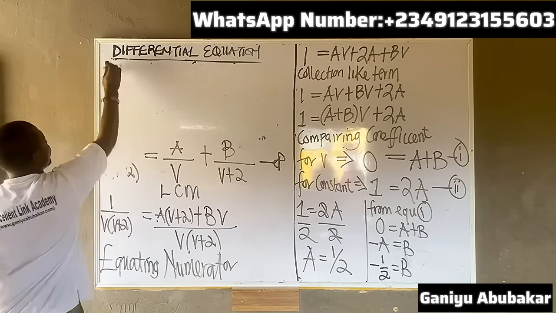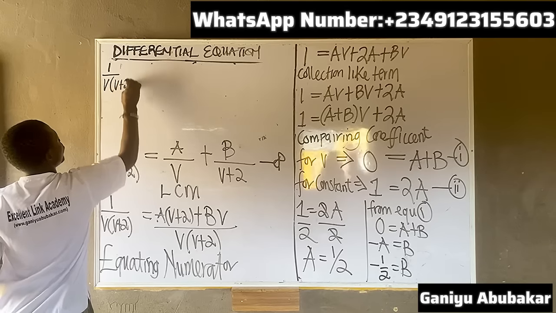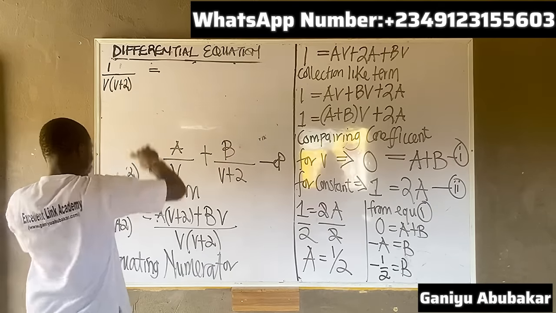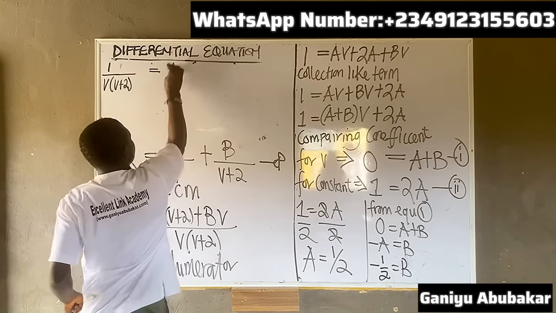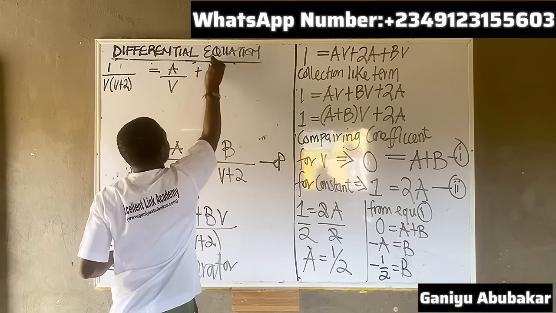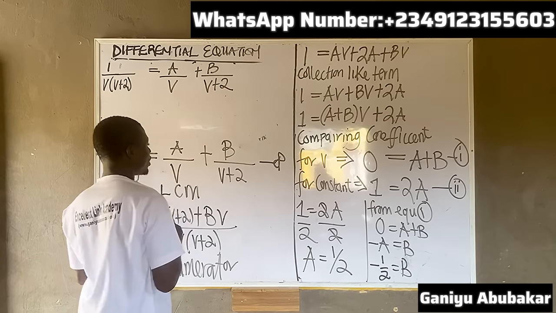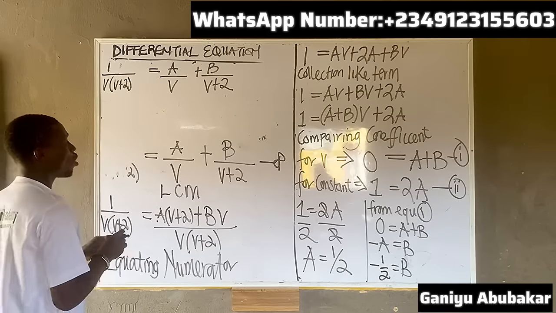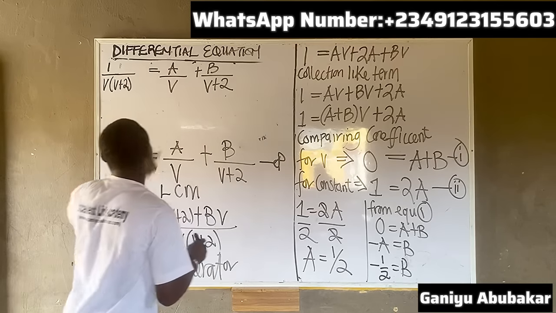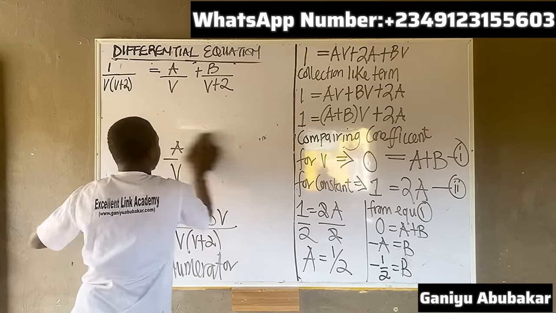From here, I have 1 over v into v plus 2 is equal to A all over v plus B over v plus 2. So this is my partial fraction general form, and I'll put A and B back here. In other words, I'll take this one down.